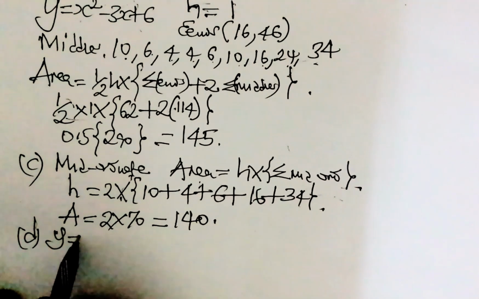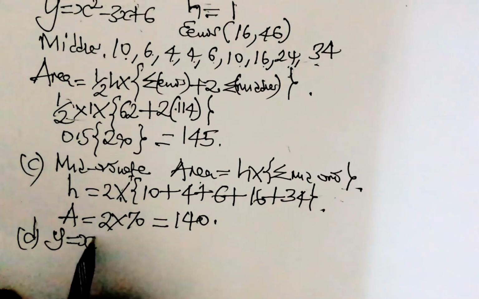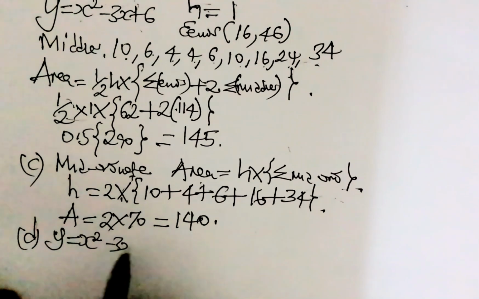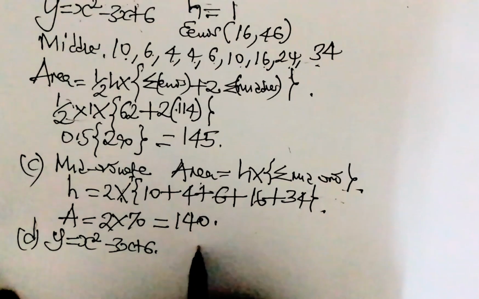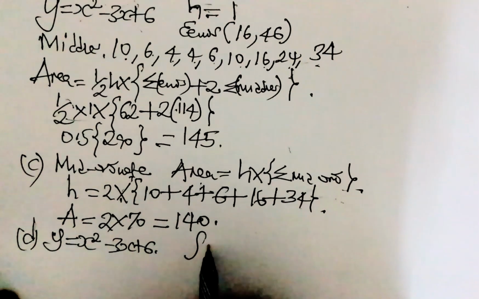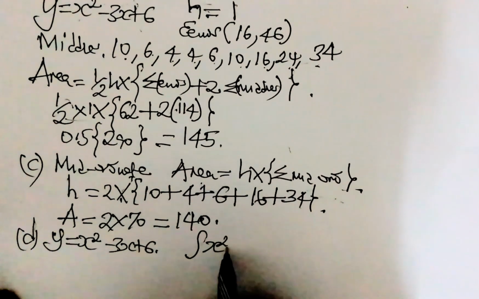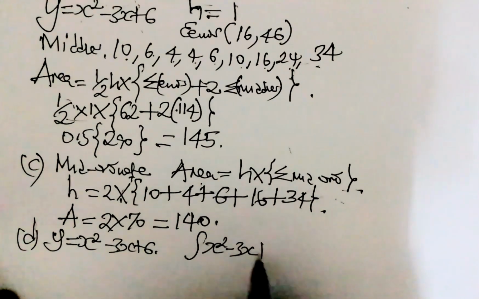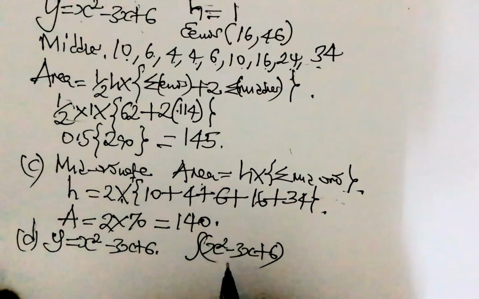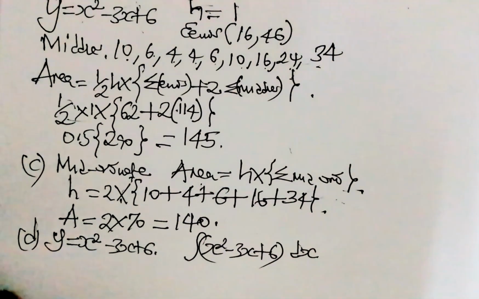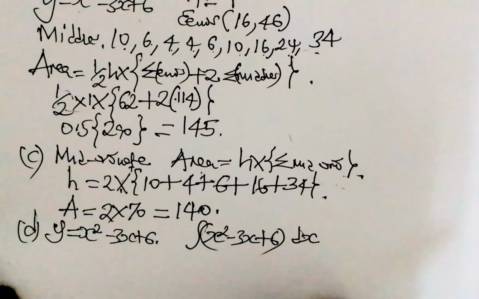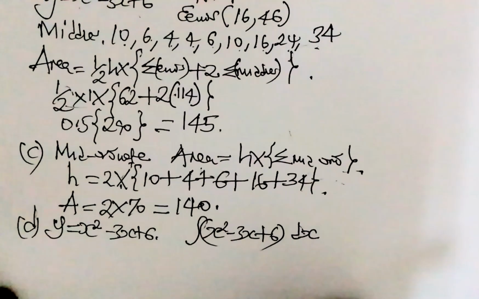y equals x squared minus 3x plus 6. We integrate this function with respect to x, so that we can get the definite integral.